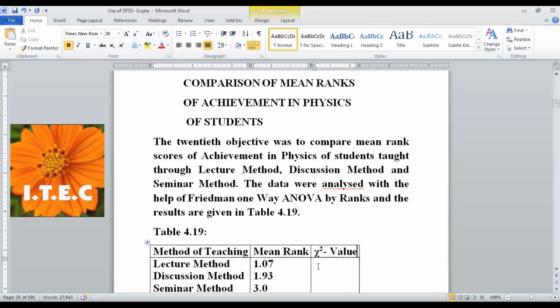And the chi-square value, that is 27.11.